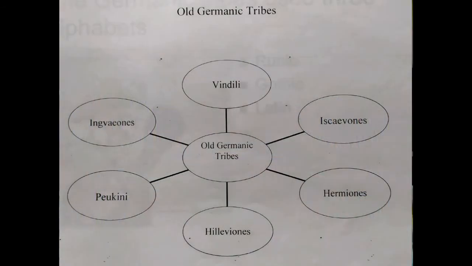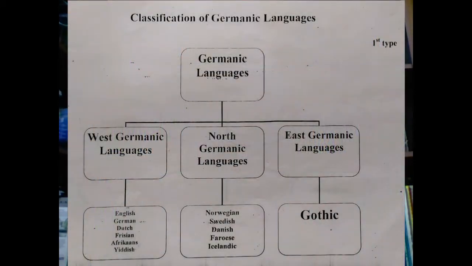There may arise one question: what happened to those Vendils, Ingveones, Iskavones, Herminones, Pevkins, and others? The thing is that from the dialects of the tribal group Vendils, East Germanic languages developed, beginning with Gothic, Vendils, and others.